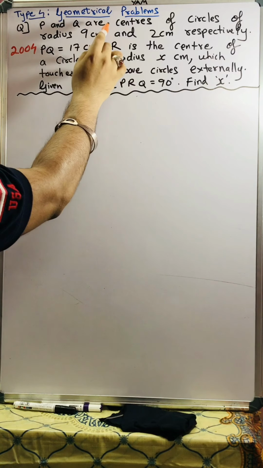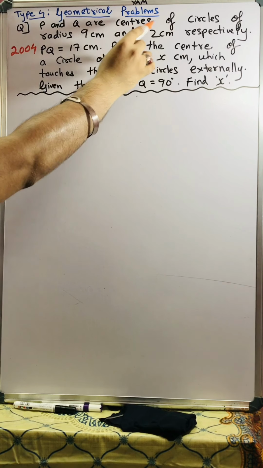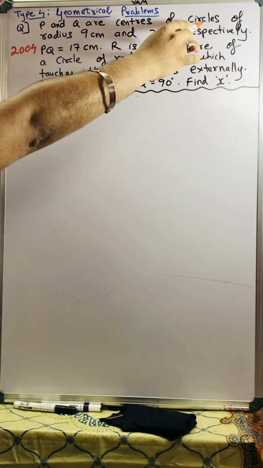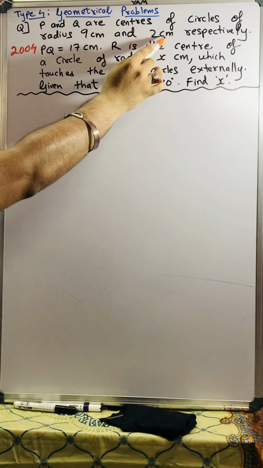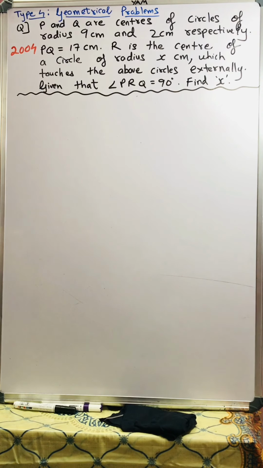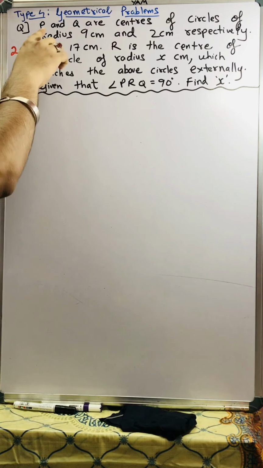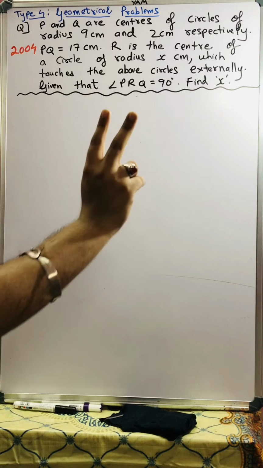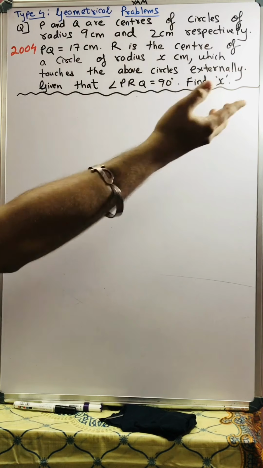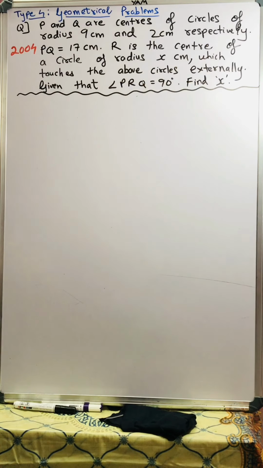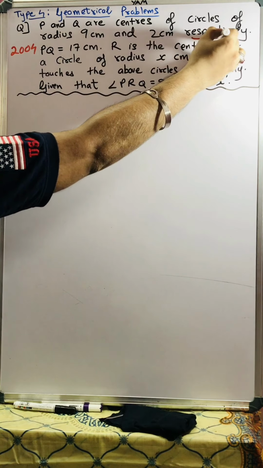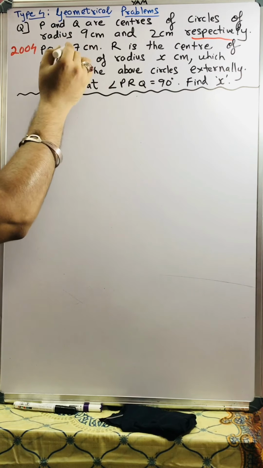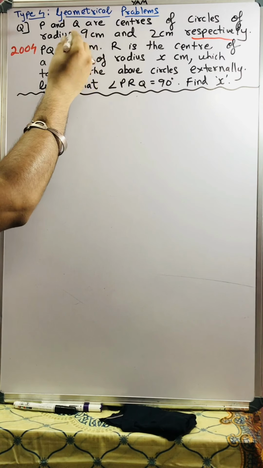P and Q are centers of circles of radius 9 cm and 2 cm respectively. So there are two circles. P is the center of one circle, Q is the center of the other circle. Using the term respectively, they have given us two radii.